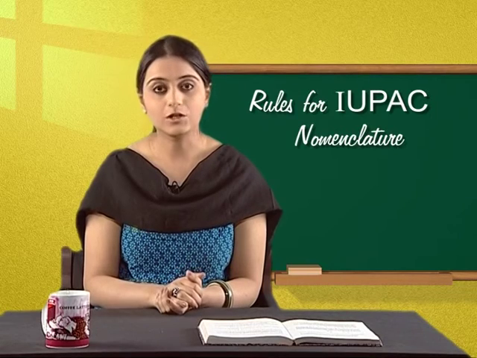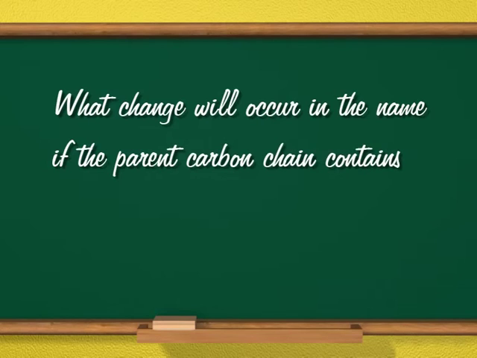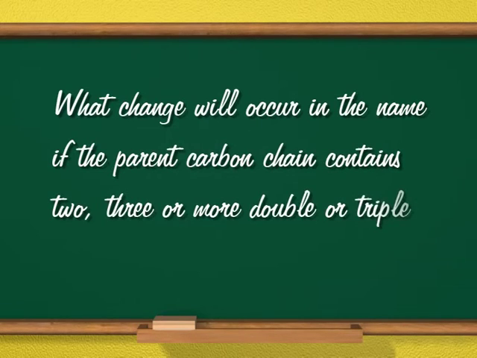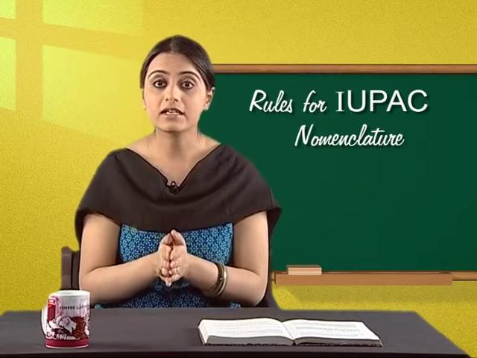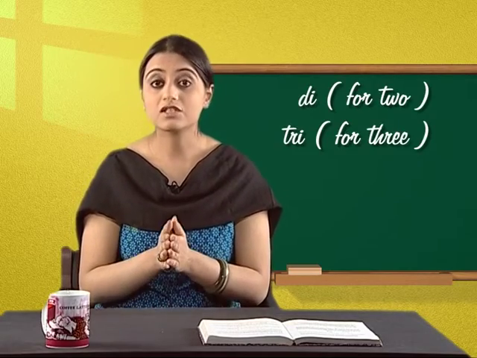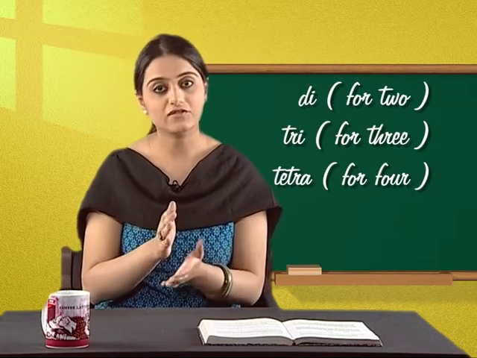Now students, can you guess what change will occur in the name if the parent carbon chain contains 2, 3 or more double or triple bonds? Well, then the numerical prefix like di for 2, tri for 3, tetra for 4, etc. are added to the primary suffix.